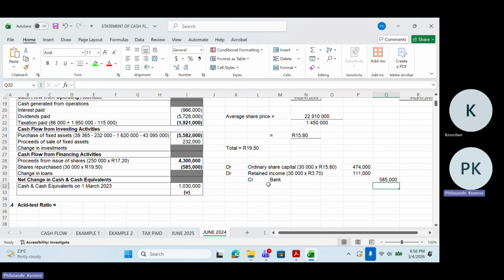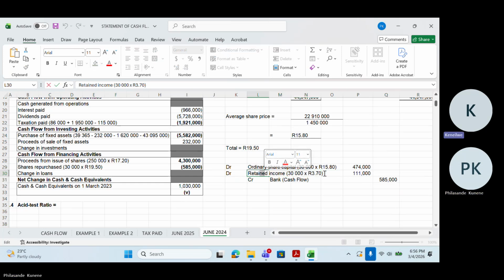Then 585,000. So this one, bank, will affect your cash flow statement. This one will affect your retained income note, and this one will affect your share capital note.